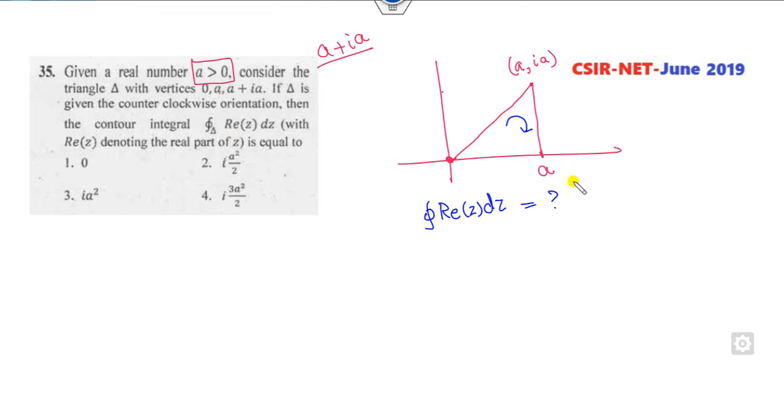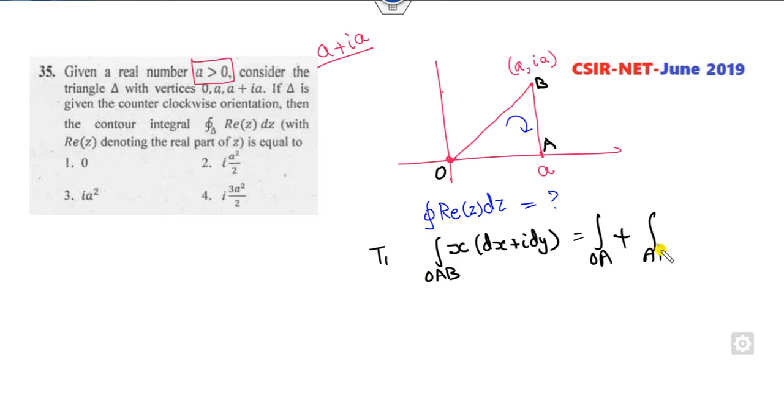There is no need to think about that. First method, you can think what is the real component of X here. If I call this OAB, then you have to break it into OA, then AB, then BO. Sorry, anti-clockwise, firstly OB, then BA, then AO. There is no need of that.